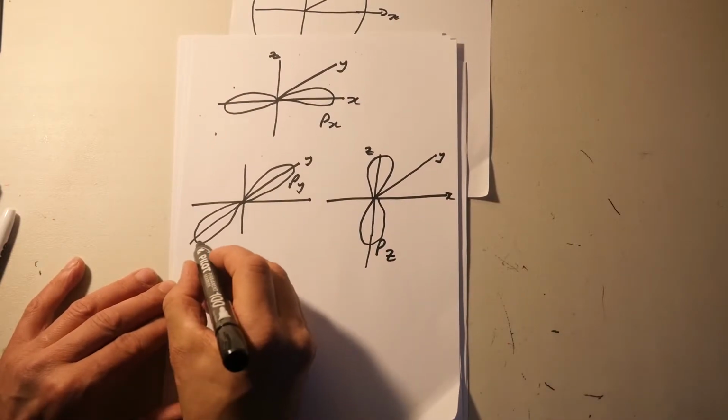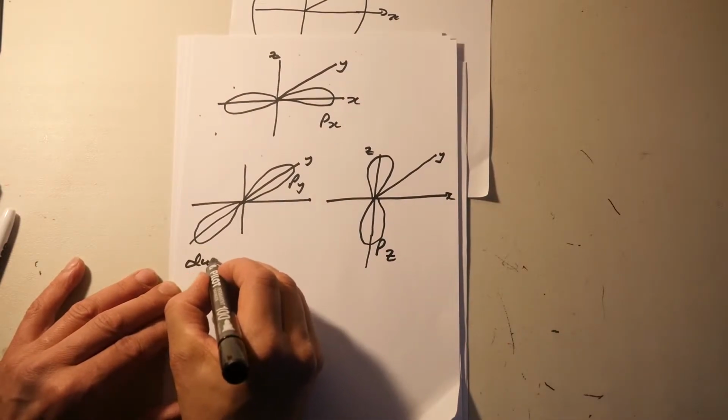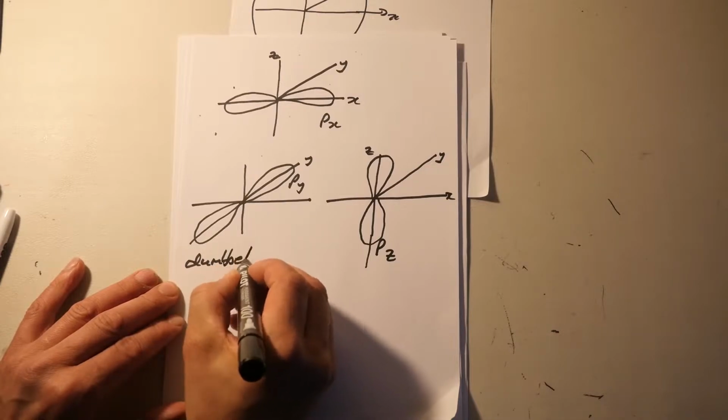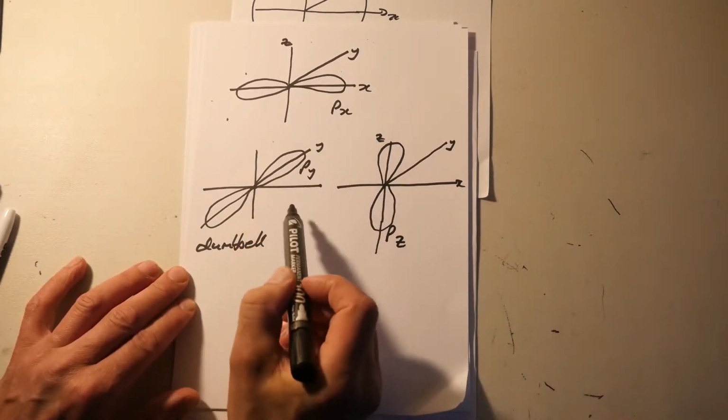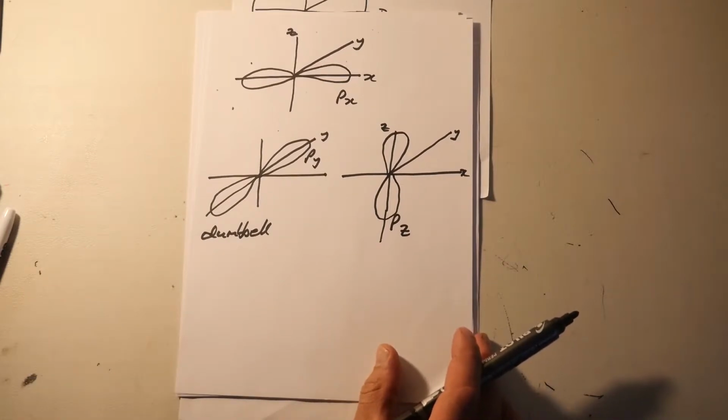So these are dumbbell shapes, px, py, pz orbitals.